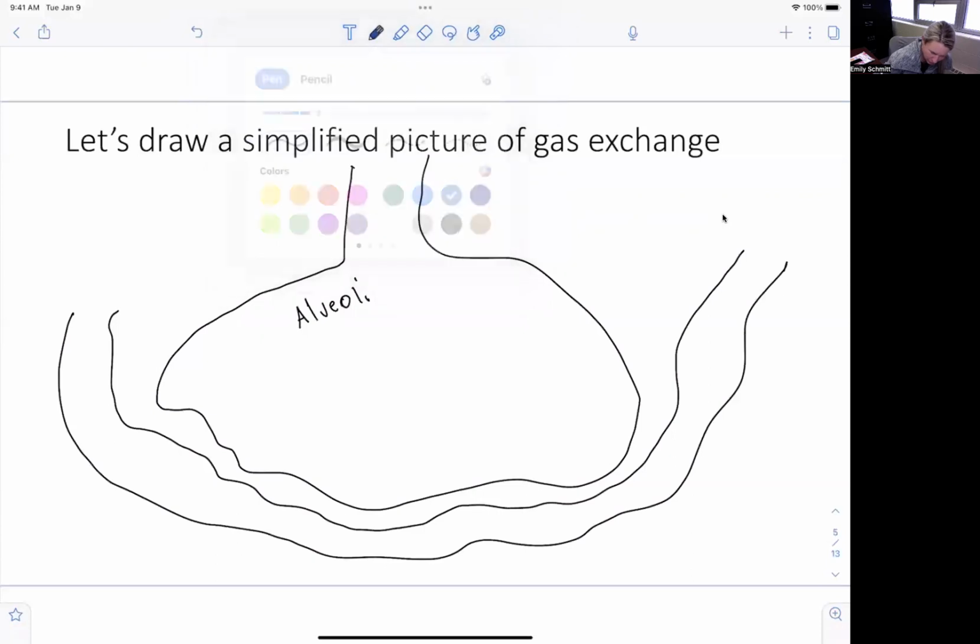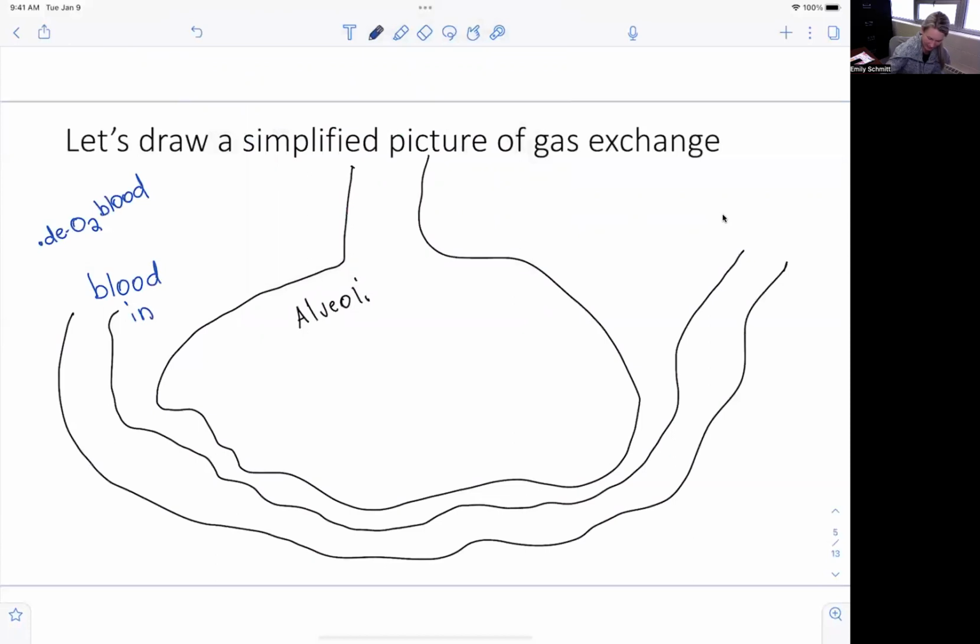Let's start with blue, and let's start with deoxygenated blood. So we are going to have blood go in. Then when we get down here, we are going to get to purple, which is our capillary network.